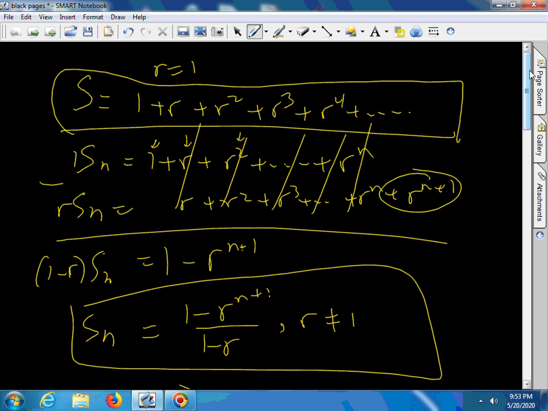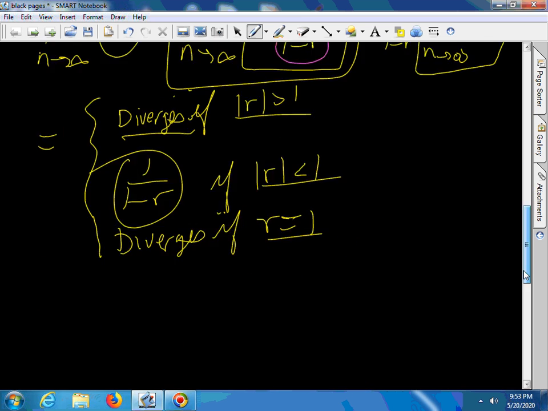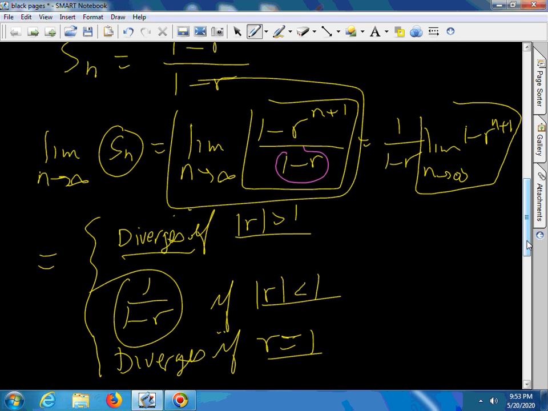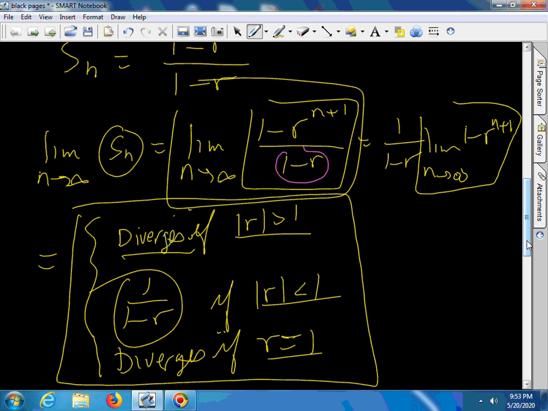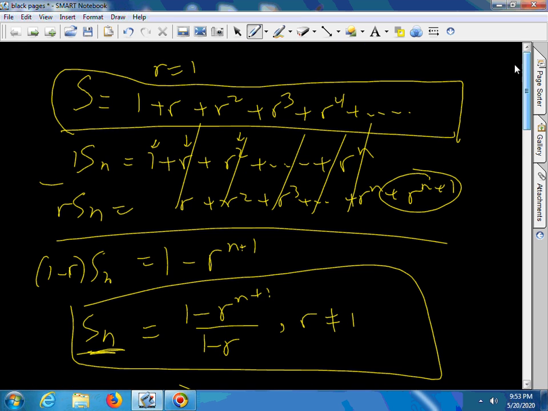Here is your rule for the partial sum of a geometric series, and here is the rule for the infinite sum of a geometric series. Here is r, that's what you're raising to the powers.